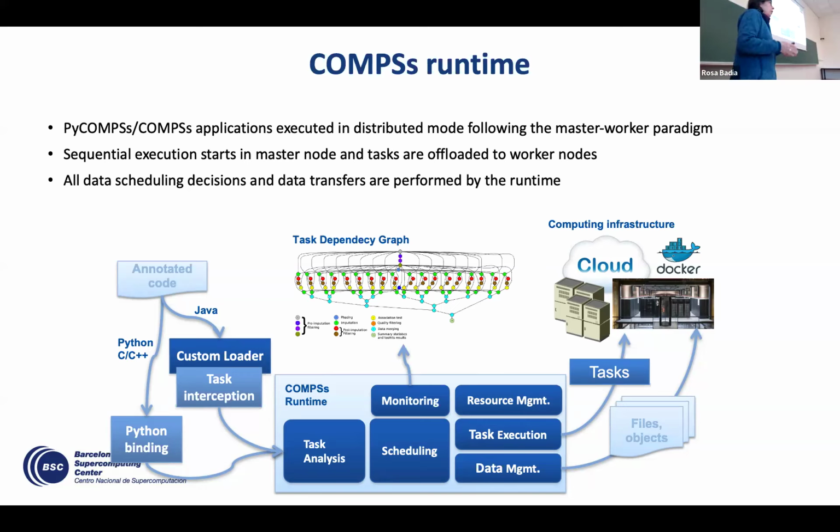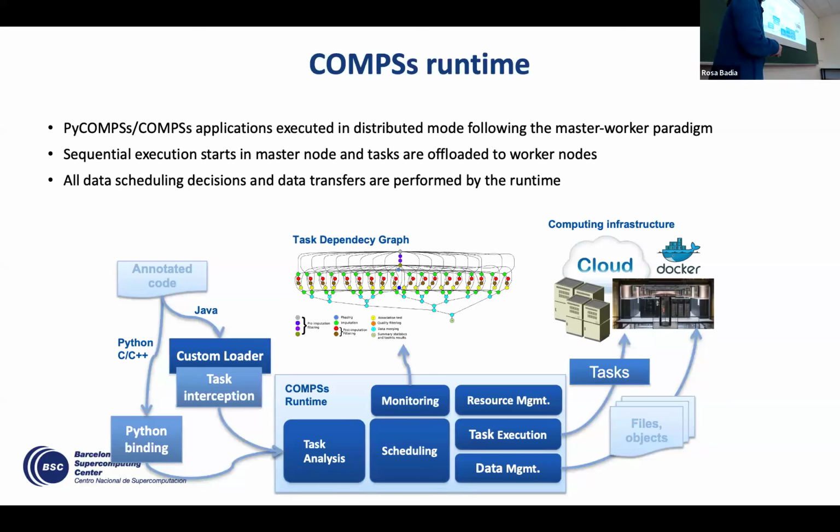So basically, a PyCOMPSs application is executed following the master-worker paradigm. You will have in the computation infrastructure one node that acts as the master and starts executing the application, and will also start the runtime in that node. And then the others will act as workers and basically will receive tasks for execution.